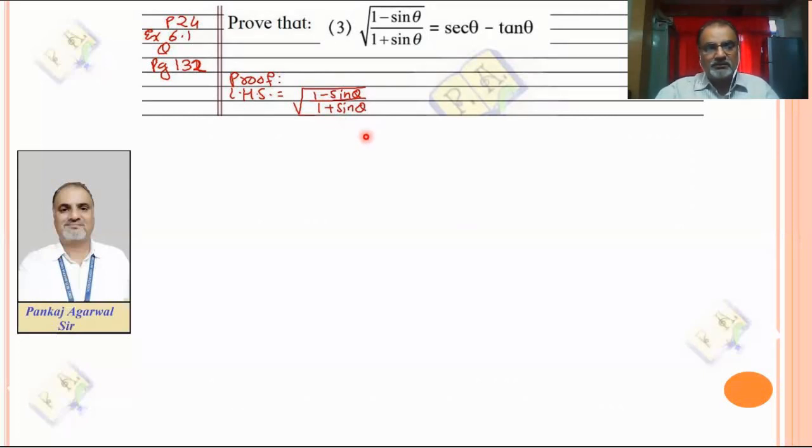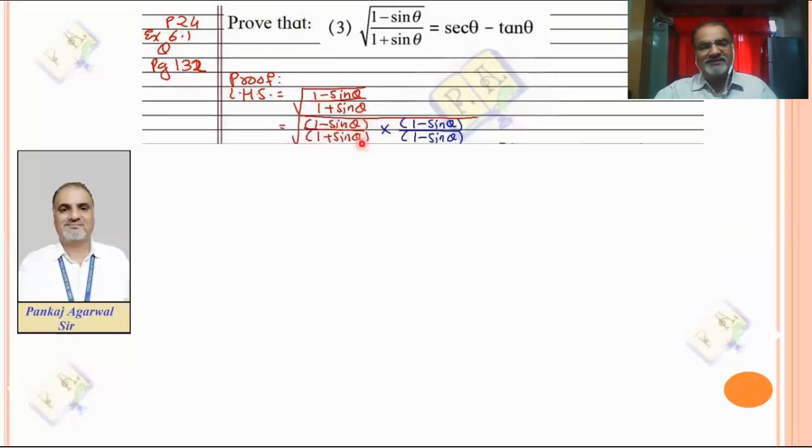Now look at the right hand side. I want a negative sign, sec theta minus tan theta. So I want a negative sign from my LHS and I want to eliminate the plus sign. So what is the conjugate of 1 plus sine theta? Of course, it is 1 minus sine theta.